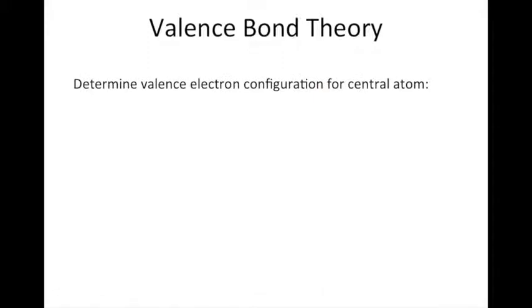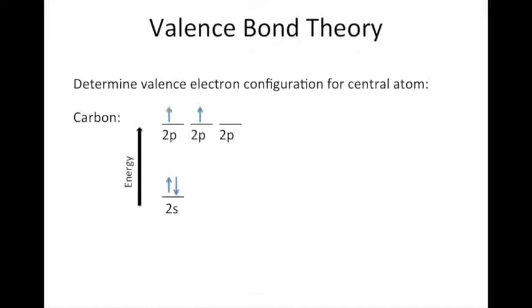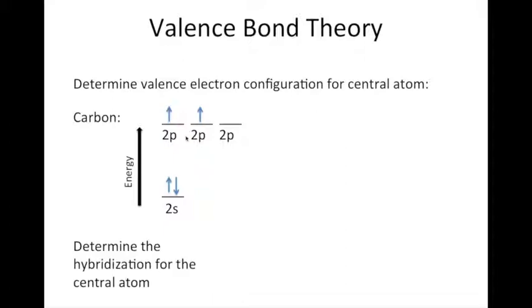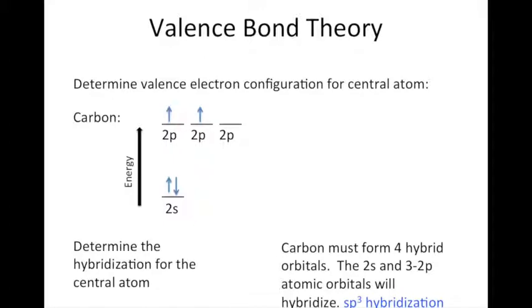So the next thing, let's look at the valence electron configurations for our central atom. Now I'm showing you here 1 carbon, but again, we have 2 carbons which are identical in their bonding, so multiply this times 2 essentially. Each of our carbon central atoms has an electron configuration of 2s2 and 2p2. Now let's look at the hybridization for our central atom. Well, we said that we had 4 electron domains.